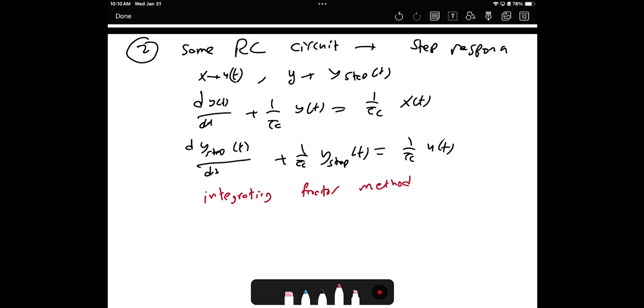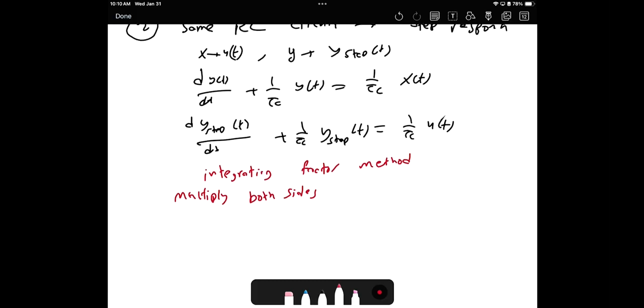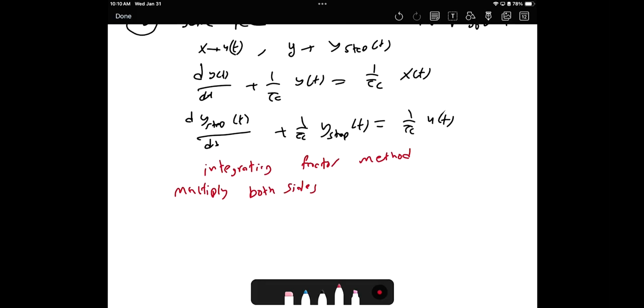So let's multiply both sides, which is the same thing that we did in the previous lecture, but now I'm going to do it real quick. Multiply both sides by e power t over tau c.